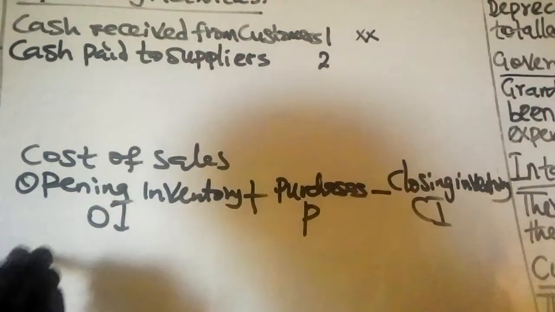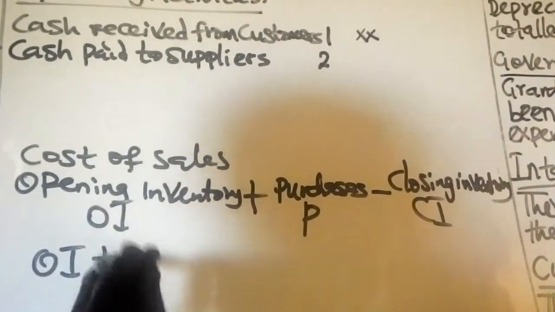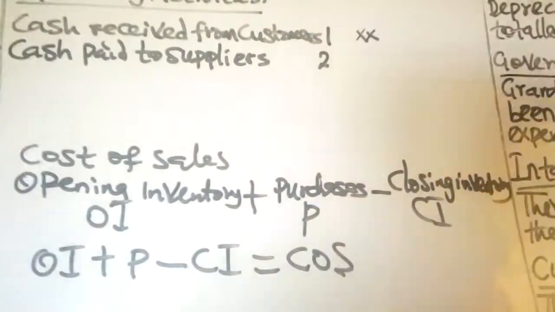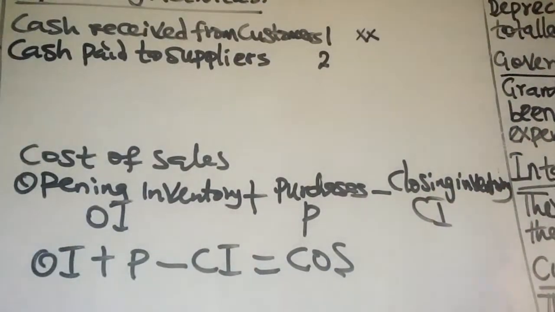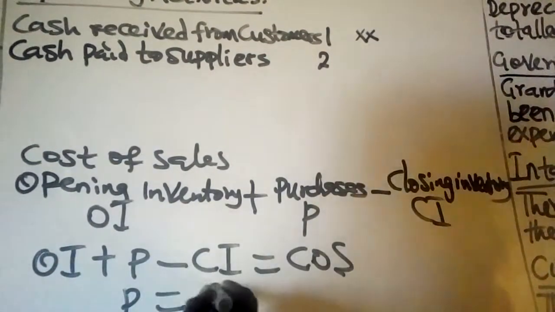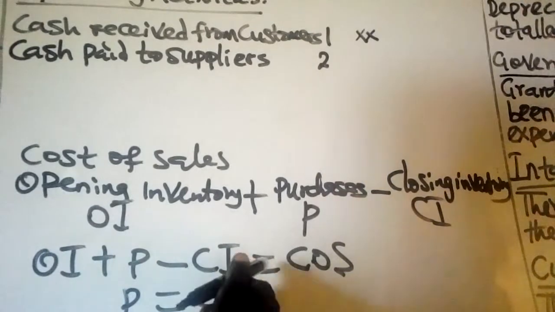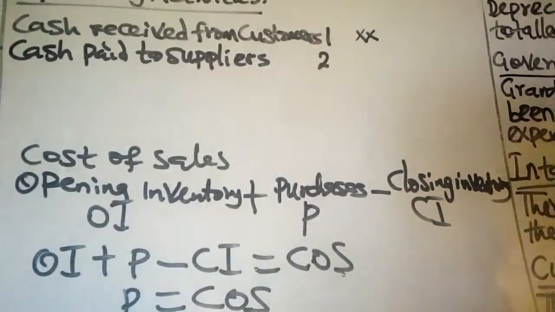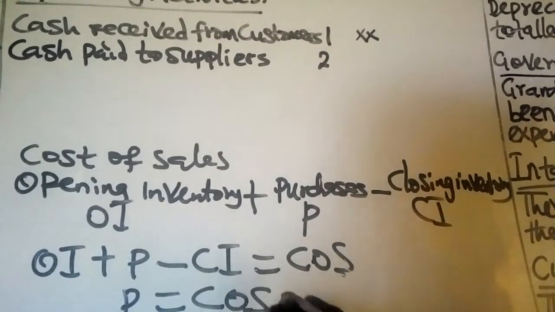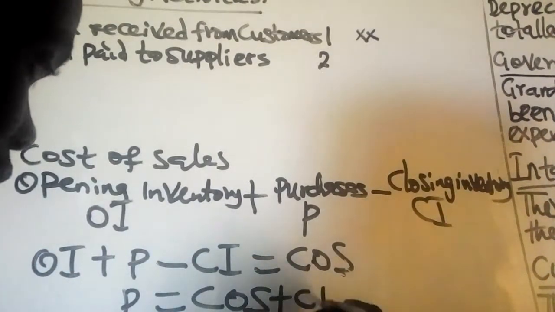That means if opening inventory plus purchases minus closing inventory is equal to cost of sales, then to get your purchase, you work back. You make your purchase the subject of the formula. Purchase is equal to cost of sales. When you take the minus closing inventory to the right hand side, it becomes plus closing inventory.